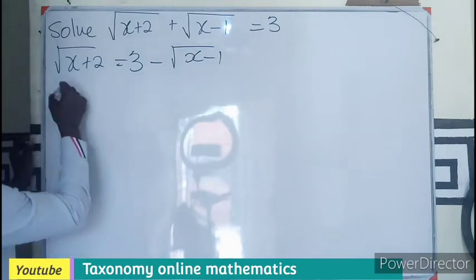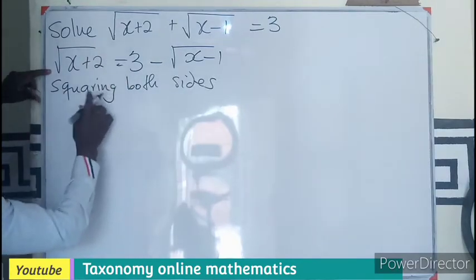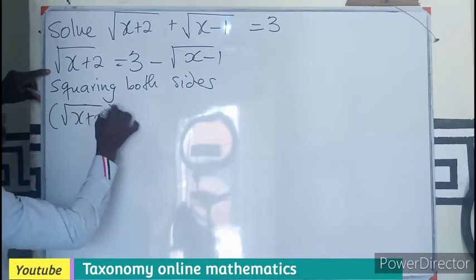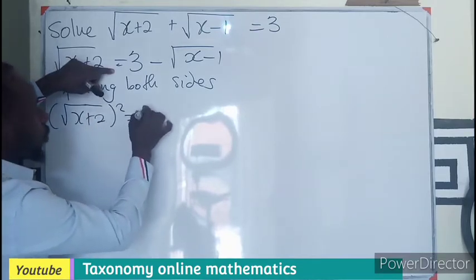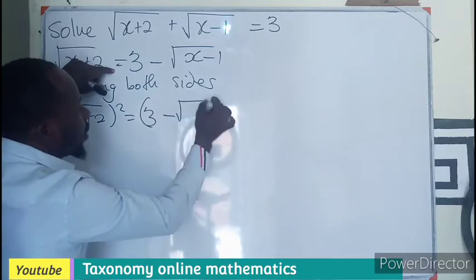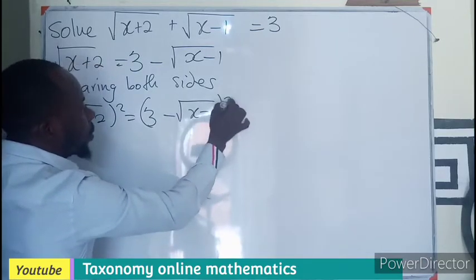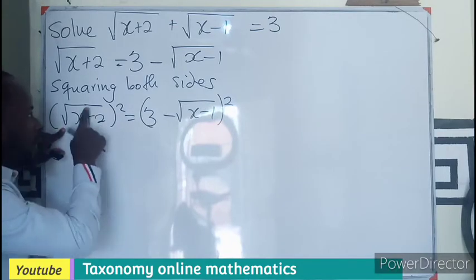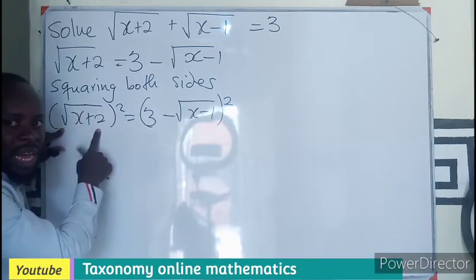So squaring both sides, we are going to have all this squared equals to 3 minus the root of x minus 1, all squared. And we know that since this is the only operator here, the root is covering the two terms here.